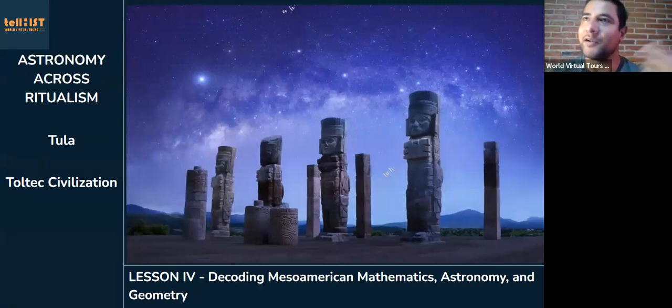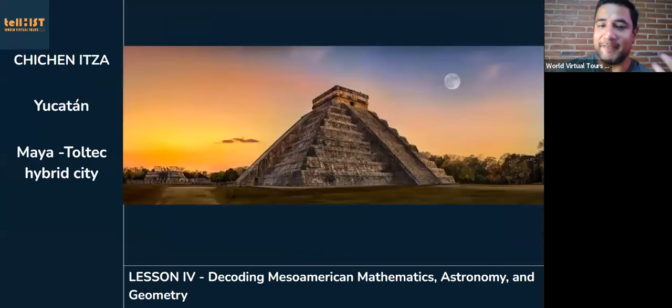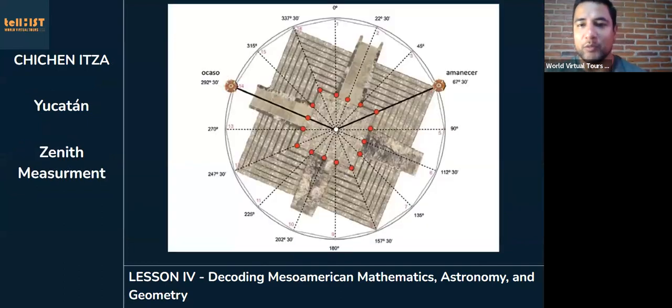Always astronomy across ritualism, and in this case, we're going to see the physics, the acoustics, also linked to the worshipping and the spirituality.